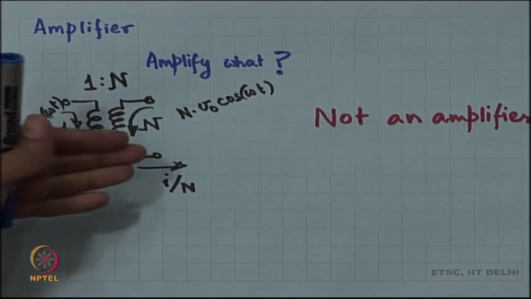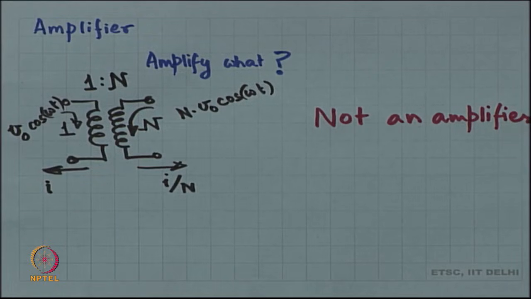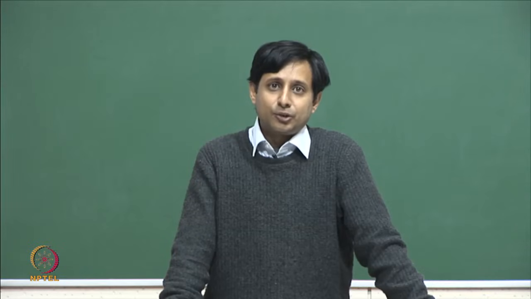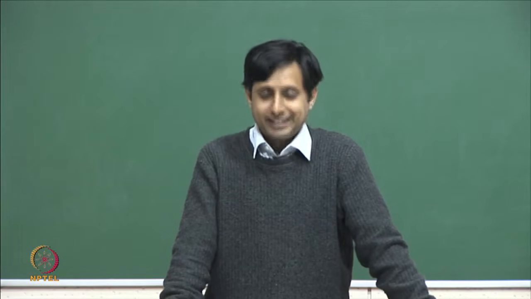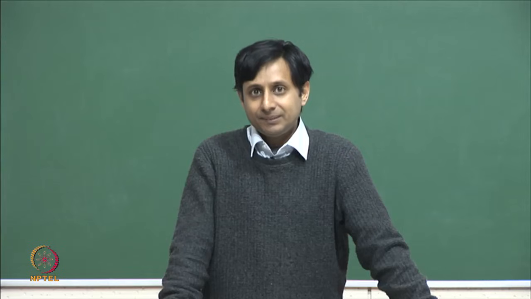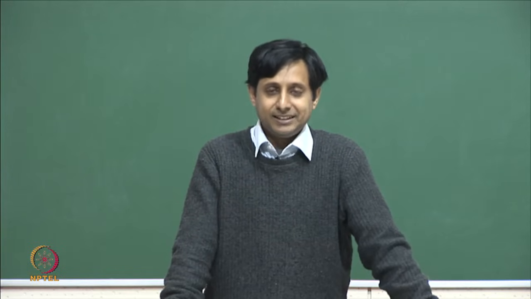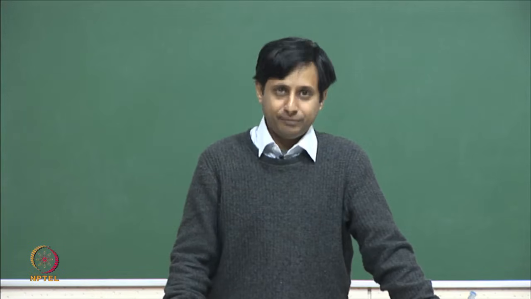Because whatever power you throw at the transformer at the input, it comes out at the output. If at all, the output power will be less than the input power, it will not be more than the input power. All right. So, the transformer does not amplify anything, even though the voltage on the secondary side increases, right, the transformer is passive.